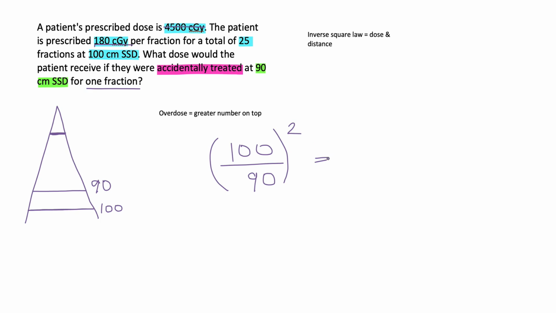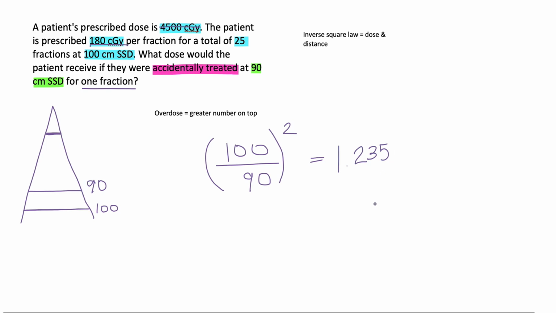If I use my calculator and I do 100 divided by 90, I get 1.11. Once I square it, I get 1.235. I'll round it. That means the patient is receiving 1.235 times more dose.